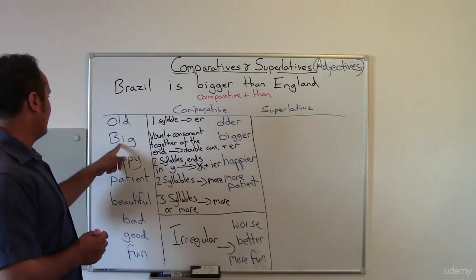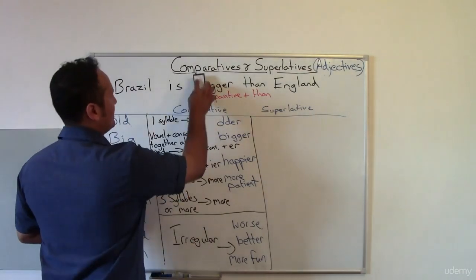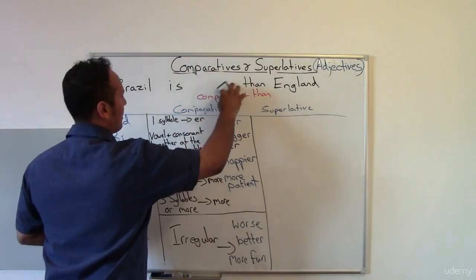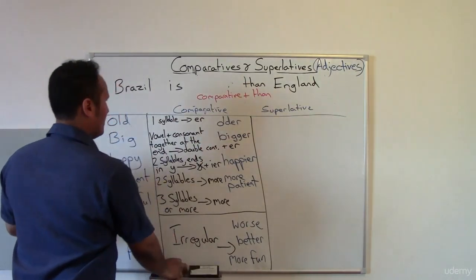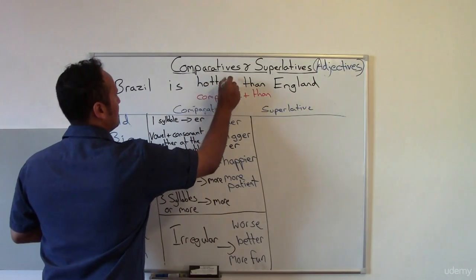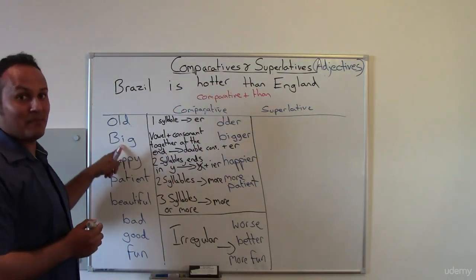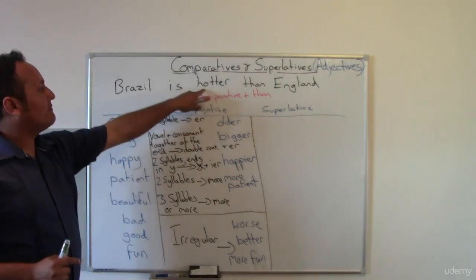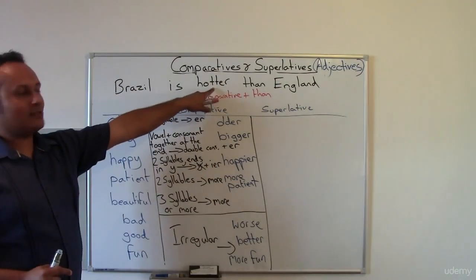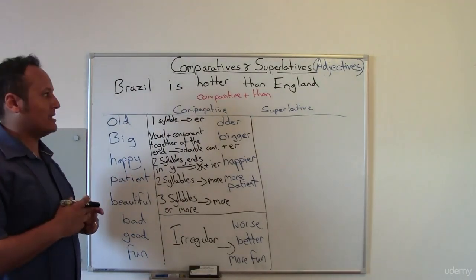Let's have another one. It's very hot in Brazil. So, Brazil is, let's go with hotter than England. Hotter is like big. H-O-T, vowel consonant, so we add an extra T. Brazil is hotter than England.